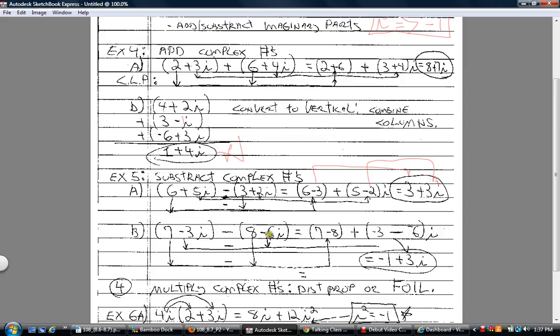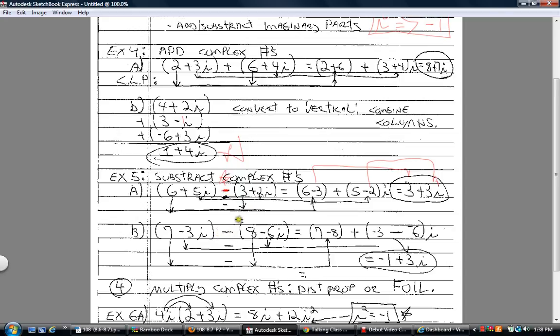Nothing wrong with that. Another way, and I'll do it here in example B, is some students are comfortable with, and you've got the warning sign, the big warning is that subtraction. You have to deal with the subtraction sign. When you have the plus sign, you just take the like terms, add them up, and you're on your way. You've got to make sure you deal with that subtraction correctly. Another way to do subtraction is to convert it to addition.